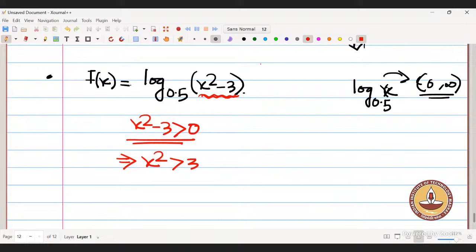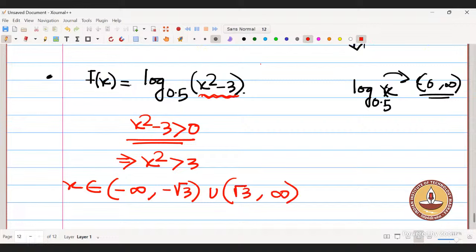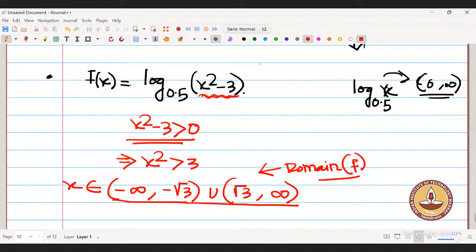If x square is greater than 3, what will be the range? x is... right? Yes. So this is your domain, right? Domain of f. Any doubt? No, sir.